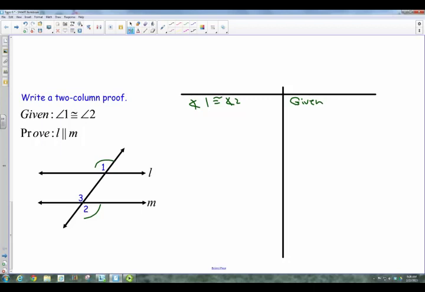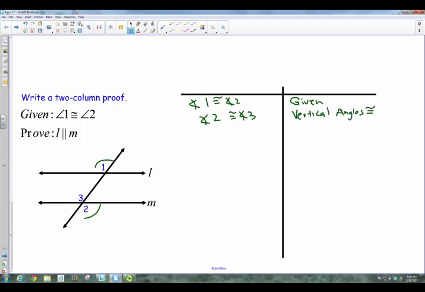Angle 1 and angle 2 are alternate exterior angles. We could say that angle 2 and angle 3 are vertical angles, so vertical angles are congruent. That's true, we know that.